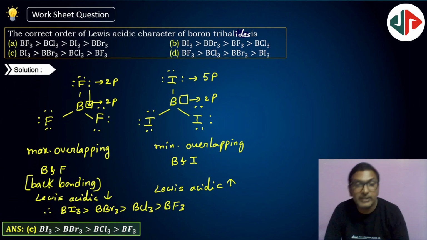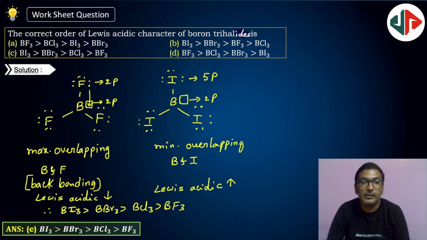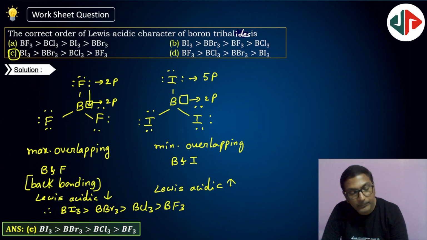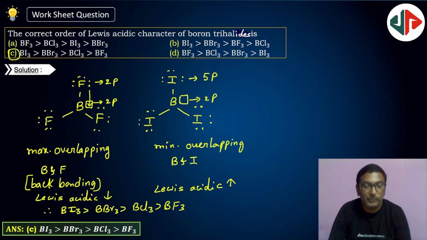This is the Lewis acidic nature order, so option C. Due to back bonding in BF3, boron cannot accept an electron pair from a Lewis base. Therefore, Lewis acidic nature is minimum. Lewis acidic nature is maximum in BI3 due to the vacancy.